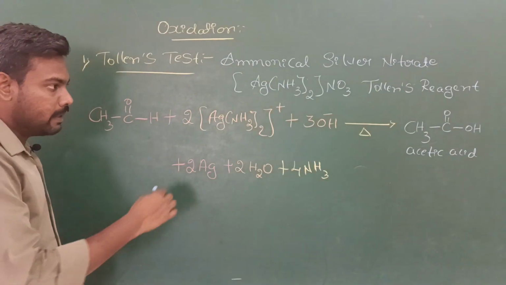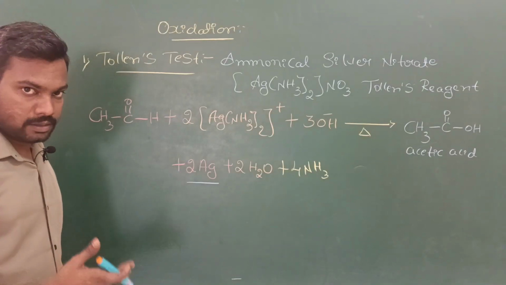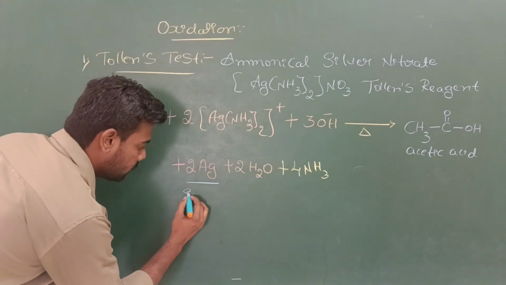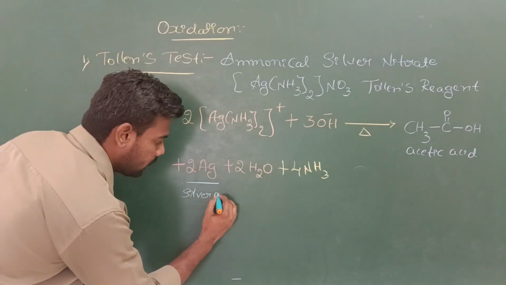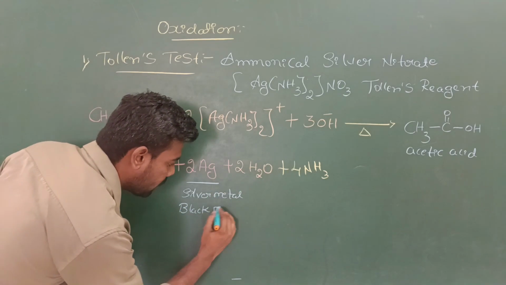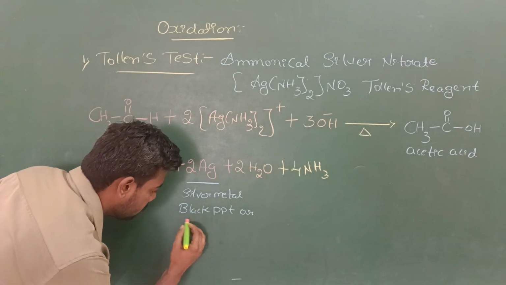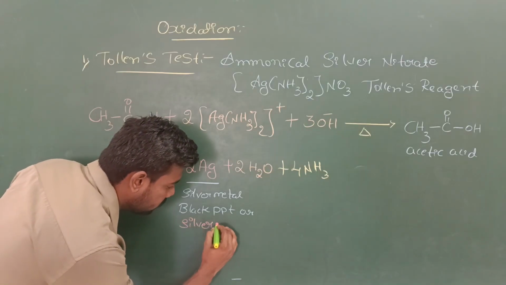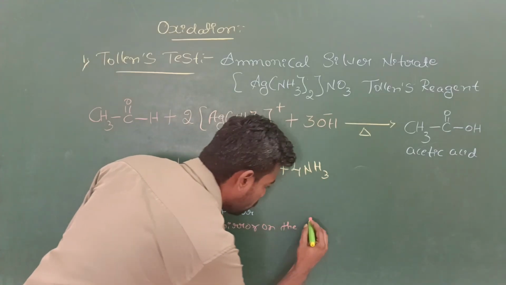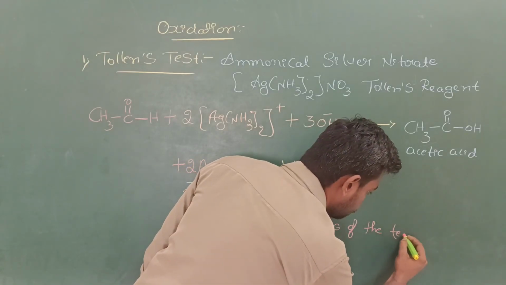There will be a formation of silver mirror on the walls of the test tube due to the formation of silver metal, which gives a black precipitate or silver mirror on the walls of the test tube.